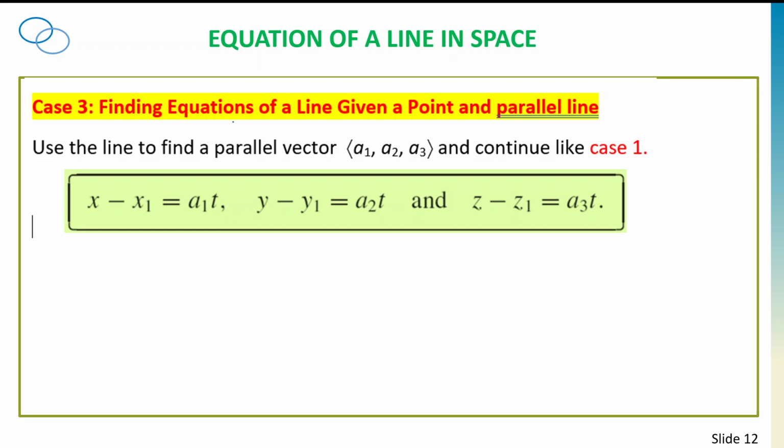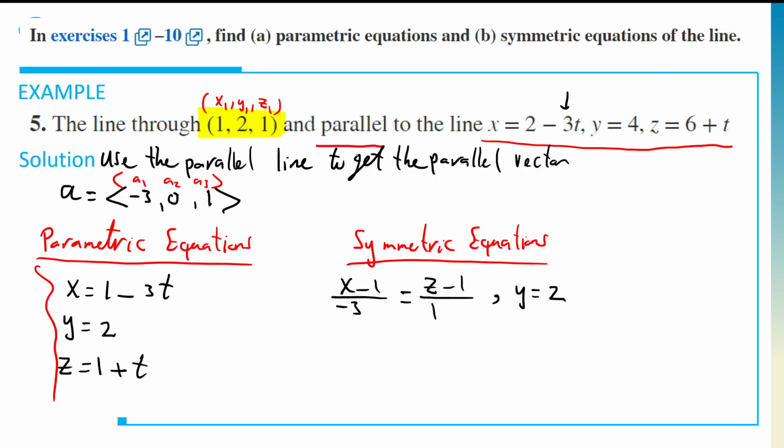Remember always the coefficient of t is actually the vector. So if I have the equation of the line, the coefficient of t is the vector. So what I did here, I used the equation of the line, I used the coefficient of t as the parallel vector. Now we have point, we have vector, we go back to case number 1.